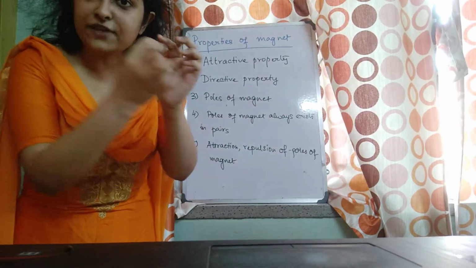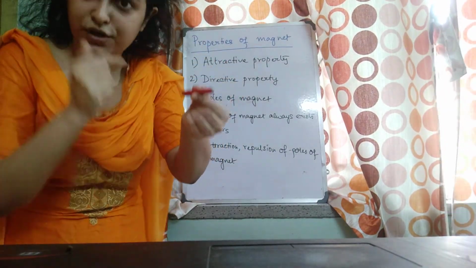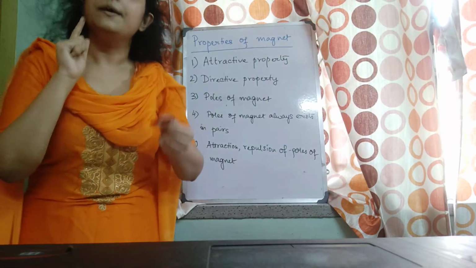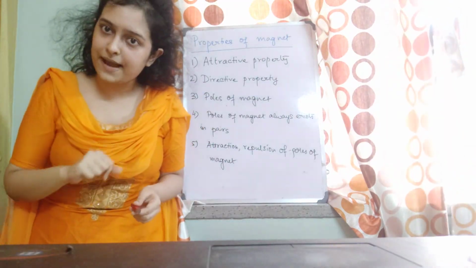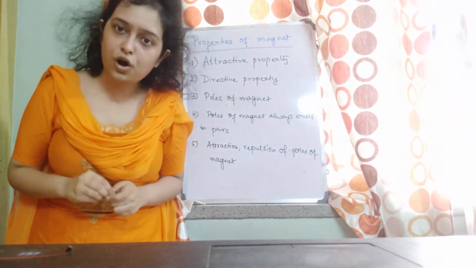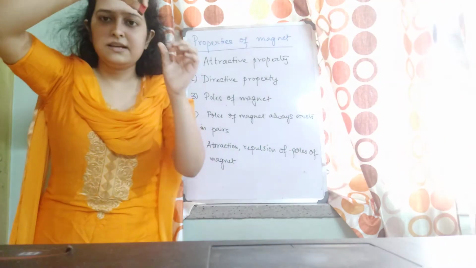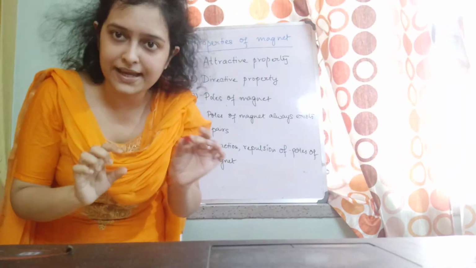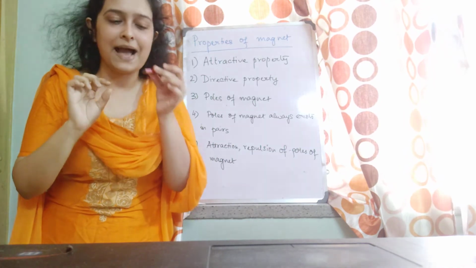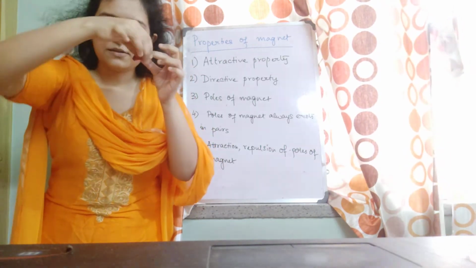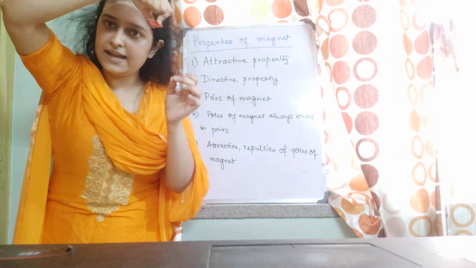The end which points towards the geographical south, we call the south pole of the magnet. So if I suspend the bar magnet using a string, it can move freely.